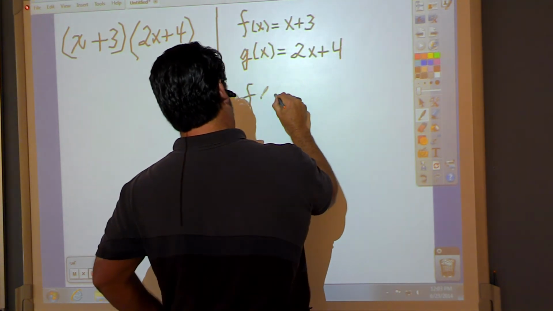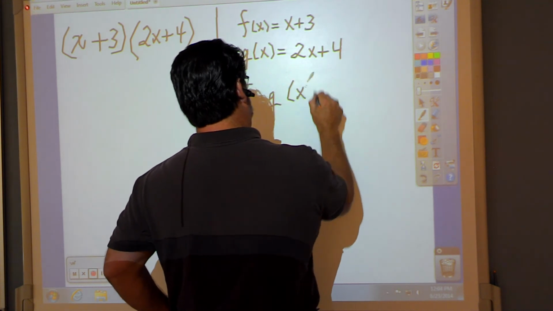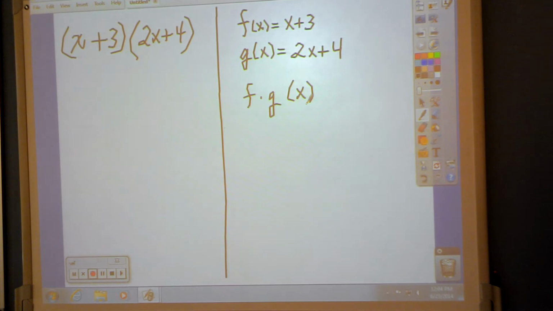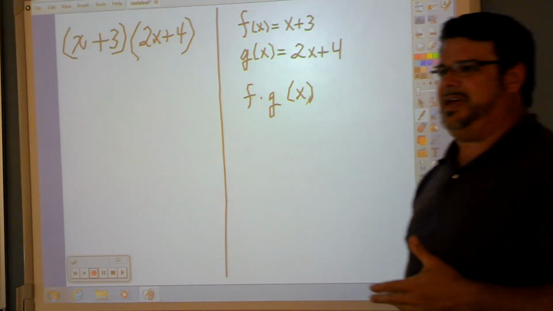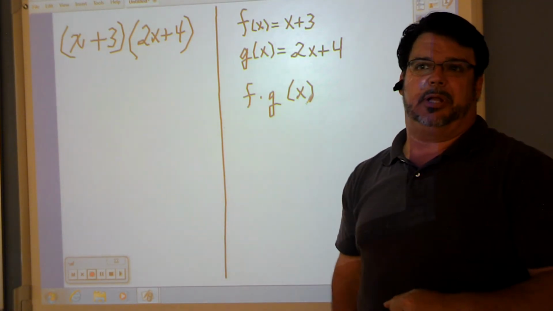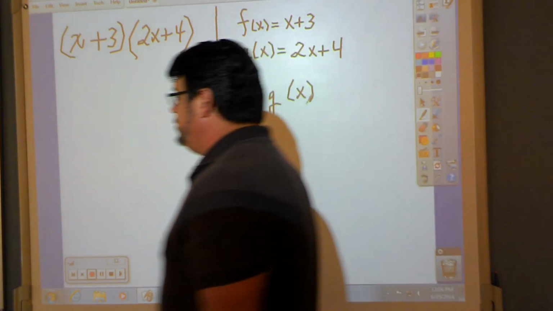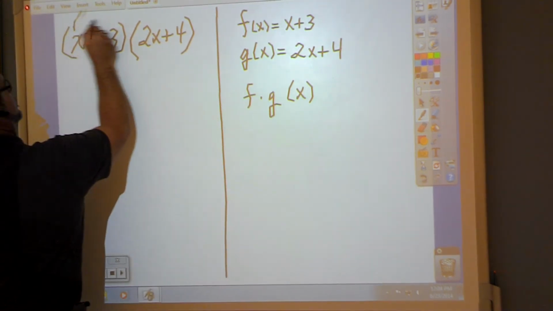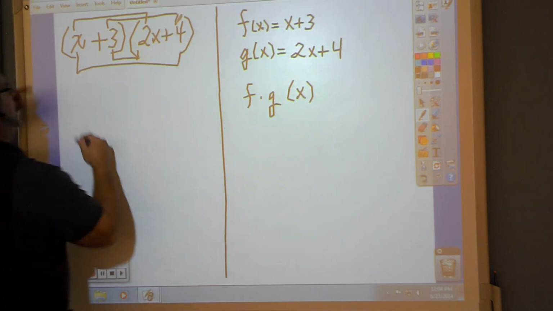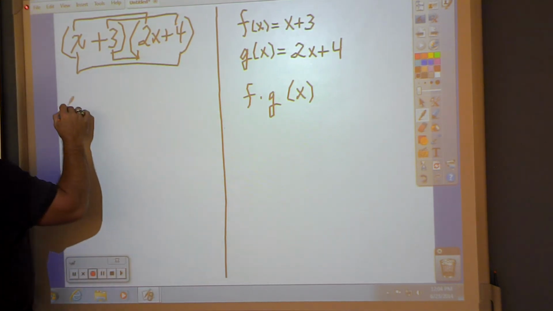F times g of x. Now, both of these are going to come out with the same thing. But I'm showing you that when you see f times g of x, basically you're going to take the two things and you're going to what? Multiply them. So using our FOIL method, x times 2x is what? 2x squared.